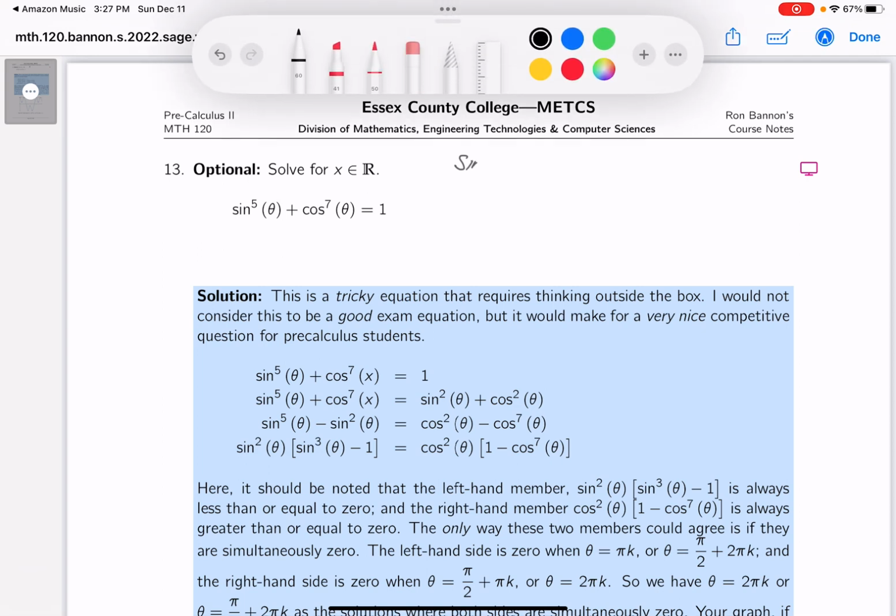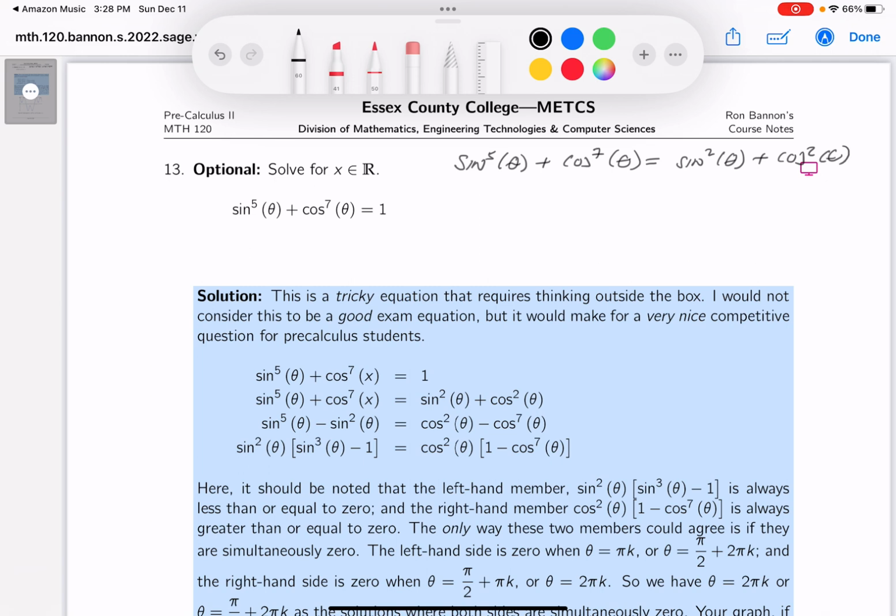So sine to the fifth power of theta plus cosine to the seventh power of theta, and 1 could be written as sine squared theta plus cosine squared theta.